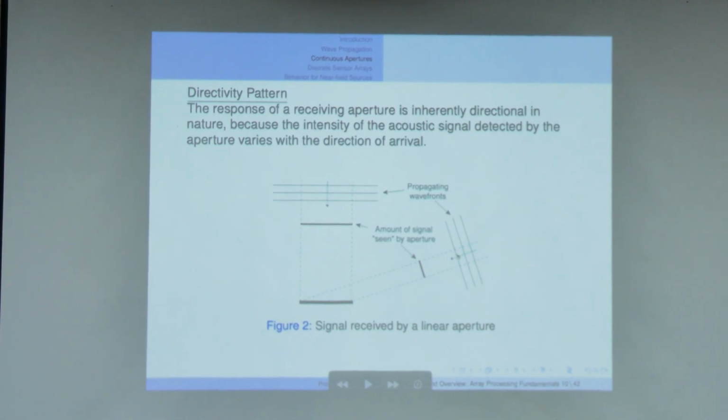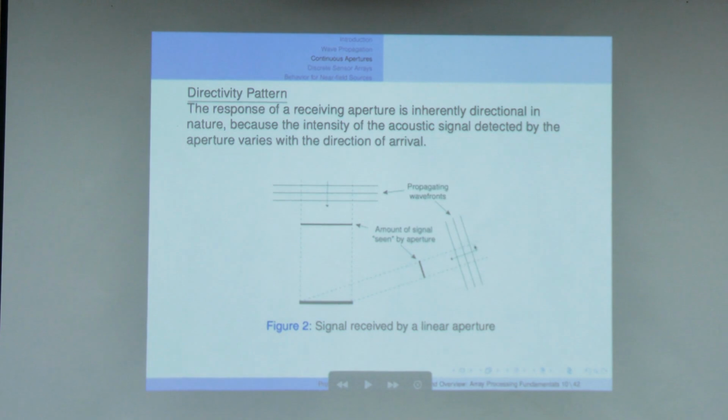You see that every propagating wave received from a certain different direction will be seen by the aperture differently. Why? Suppose that this is a continuous aperture.